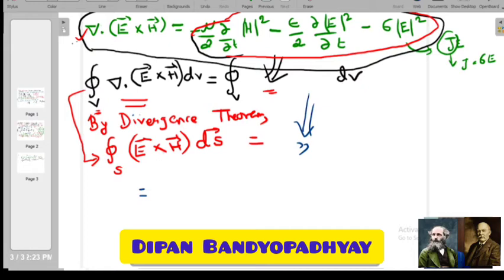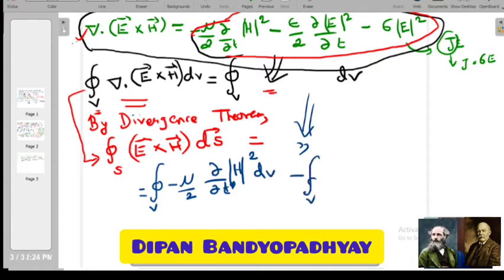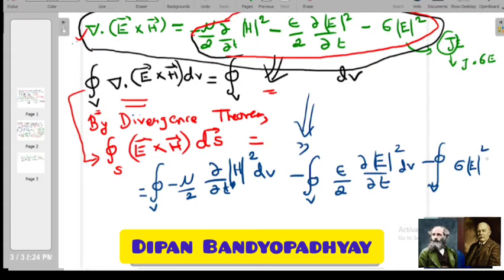Okay, so what we have: minus the volume integral of mu by 2 del t h dv, minus the volume integral of permittivity by 2 del mod e square by del t dv, minus again the volume integral of sigma mod e square dv.